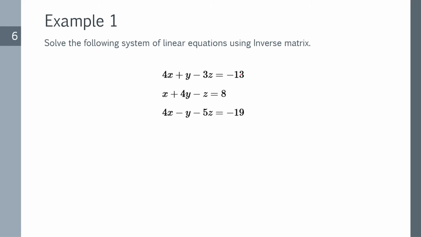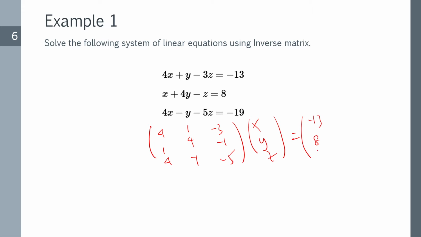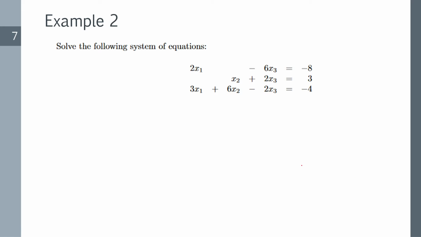What we need to do is just copy, become 4, 1, 4, 1, 4, -1, -3, -1, -5, and then this is x, y, z, equals to -13, 8, -19, and my x, y, z means I need to find the determinant of this one. Okay, then we have to find the inverse of this one, then multiply.